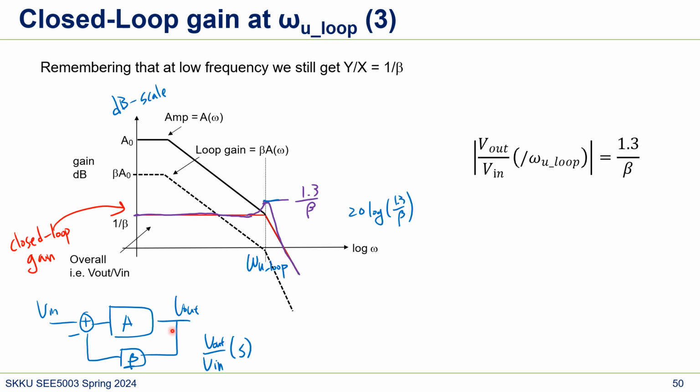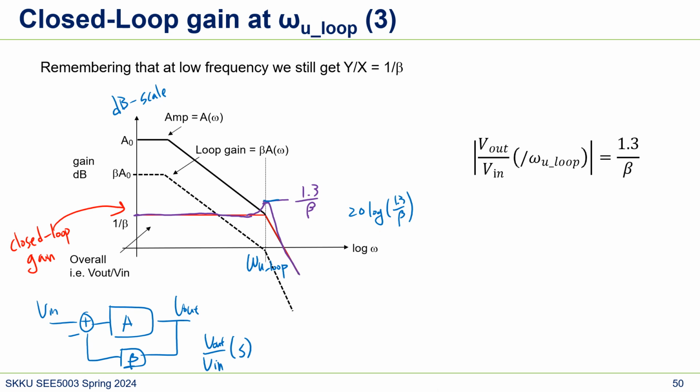The point here is that when we use a feedback system, at this point in the closed loop gain there is a peaking of about this amount. So it's not 1 over beta. There is some peaking, which is 1.3 over beta.